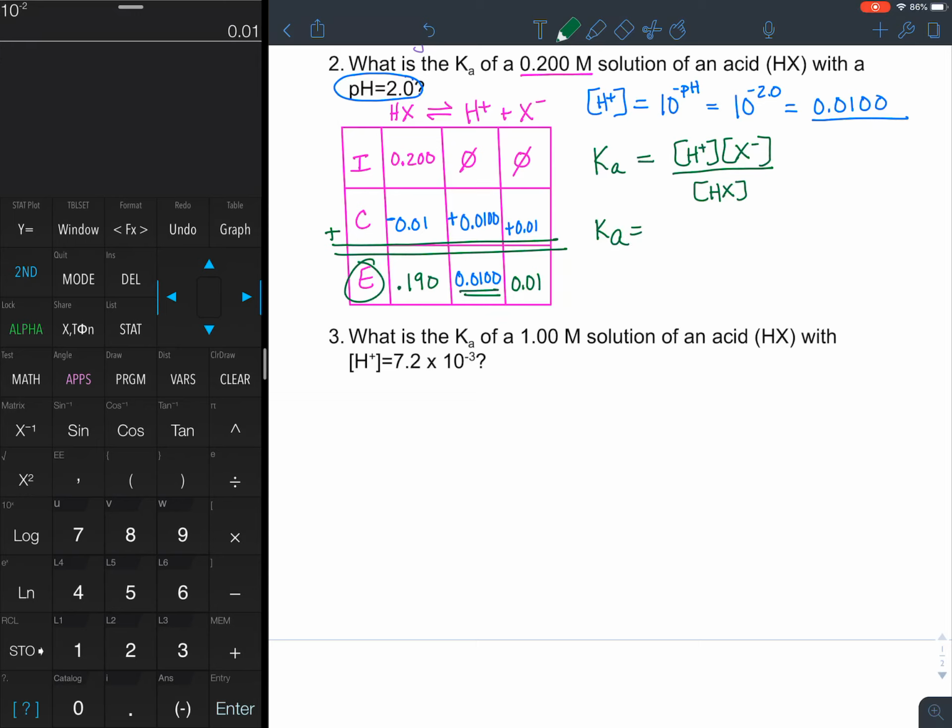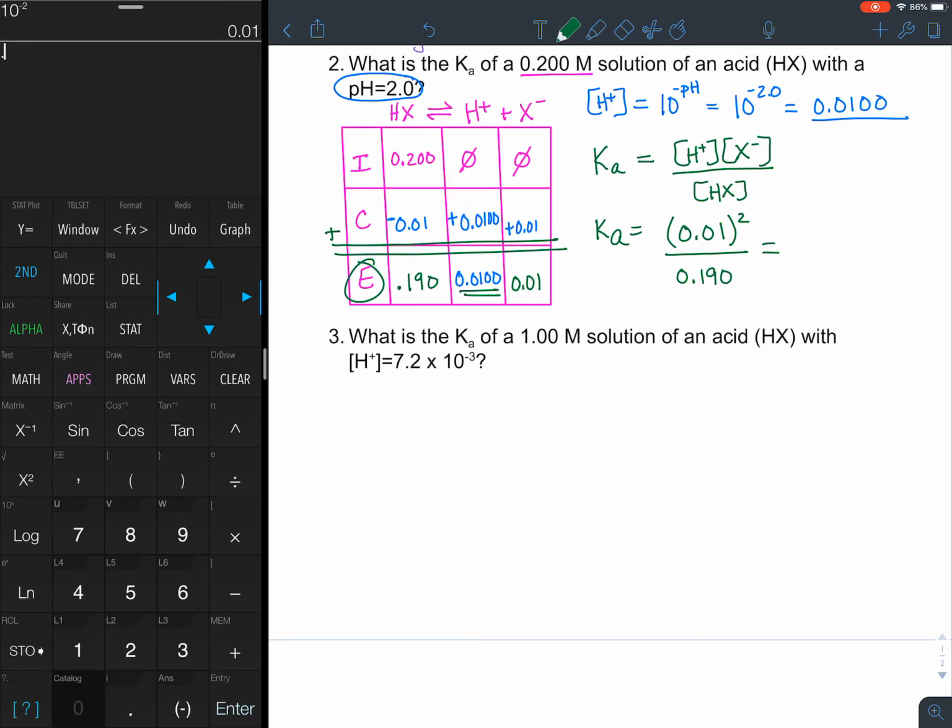So Ka is equal to 0.01. And since I have two of them, you can times them by each other, or you could just say that that number is squared on the top. And we tend to see a fairly consistent process with that at this point in our problem solving. And then on the bottom by that 0.190.